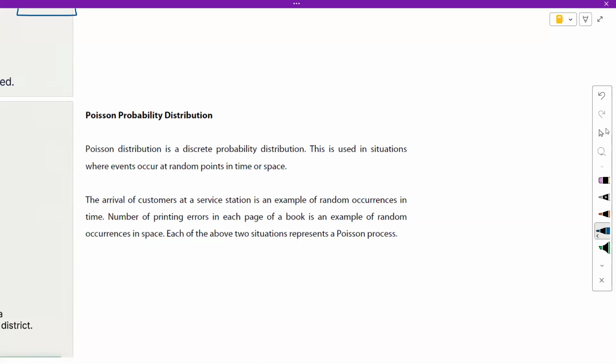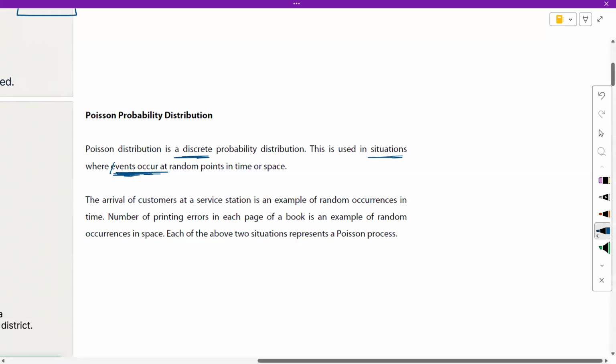The Poisson distribution is a discrete probability distribution. This is used in situations where events occur at a random point in time or space. Here, it is very important. We can use it in situations where an event occurs, meaning how many customers visit, or how many accidents happen at a particular junction in a particular period of time, like that.